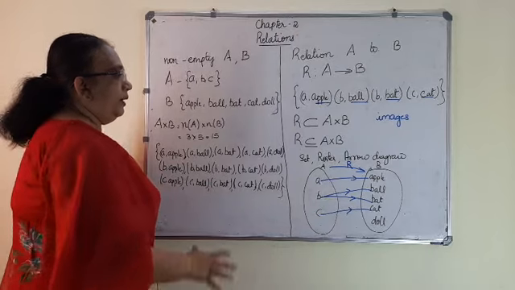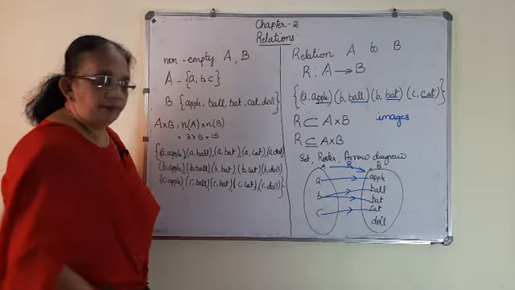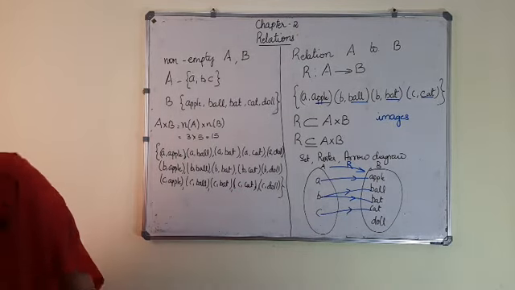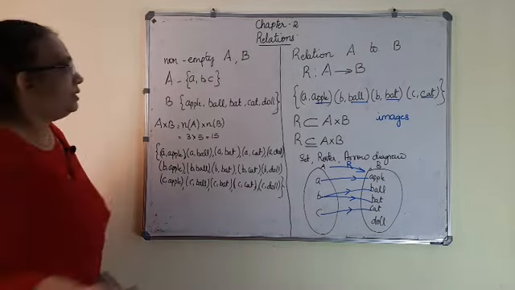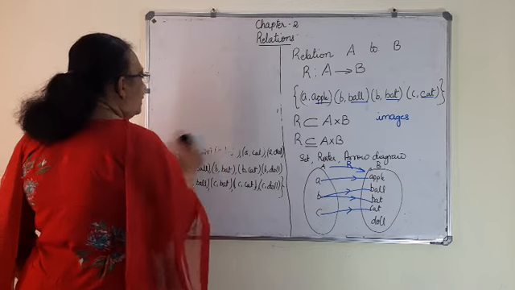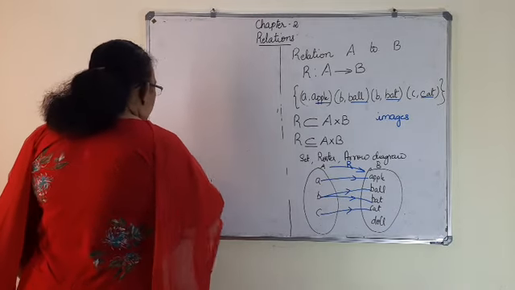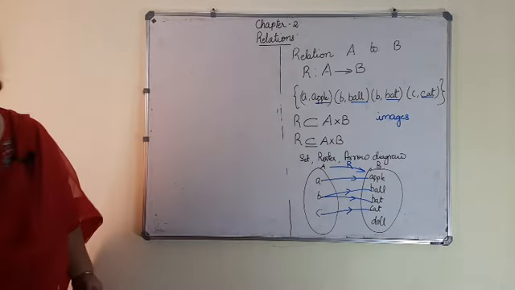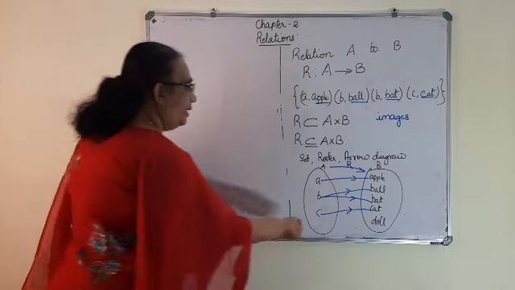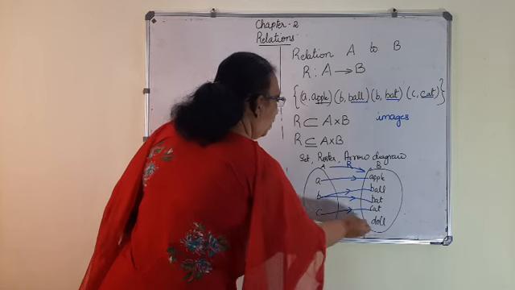Now in this set we are going to study some new words related to the relation. So this is an arrow diagram. Using an arrow diagram, the relation is more easily understood. Why is doll not an image?